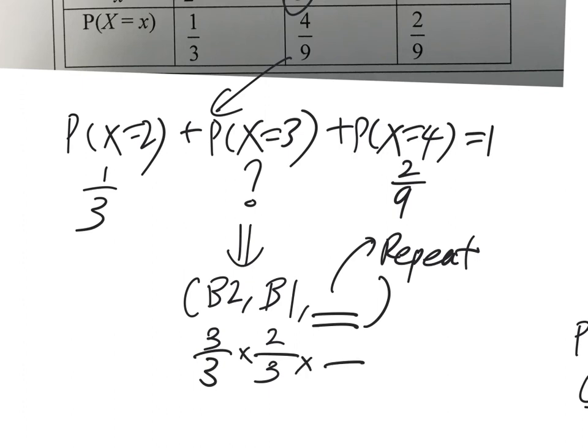We have already drawn 2 balls, so it's 2 out of 3 that we can choose from, so finally it's basically 4/9. This is the second method.